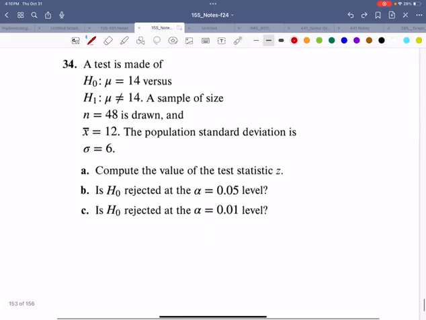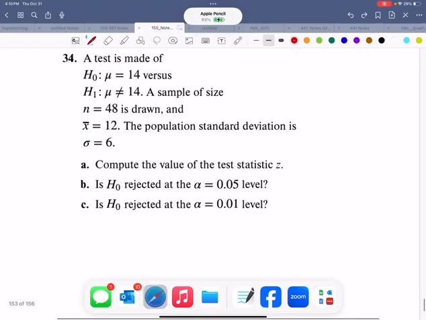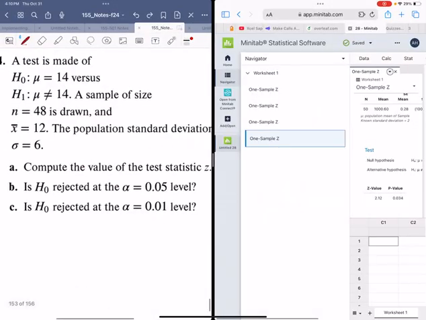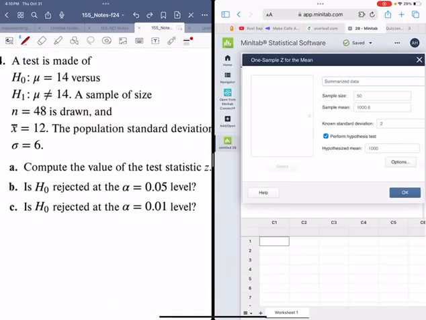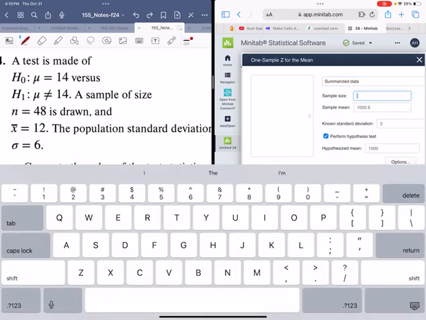All right, let's do one more quick example. Here are null and alternate hypotheses, sample size of 48, sample mean 12, population standard deviation 6. Let's enter our stuff into Minitab. Stat, basic stats, 1-sample Z. Sample size 48, sample mean 12, standard deviation 6.